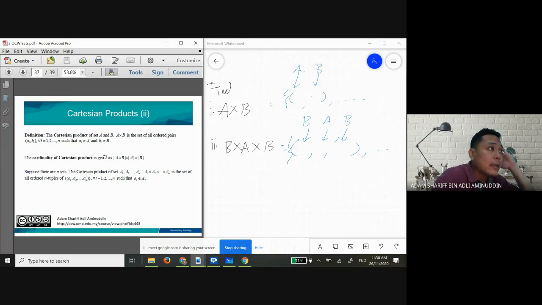Yang bahayanya dekat bahagian ni je, benda baru Cartesian Product and Power Set. Kalau yang macam A union B, A intersect B and complement, I don't think you should have a hard time on that. Kalau dah dapat, bagi tahu saya. Post dalam DMs.